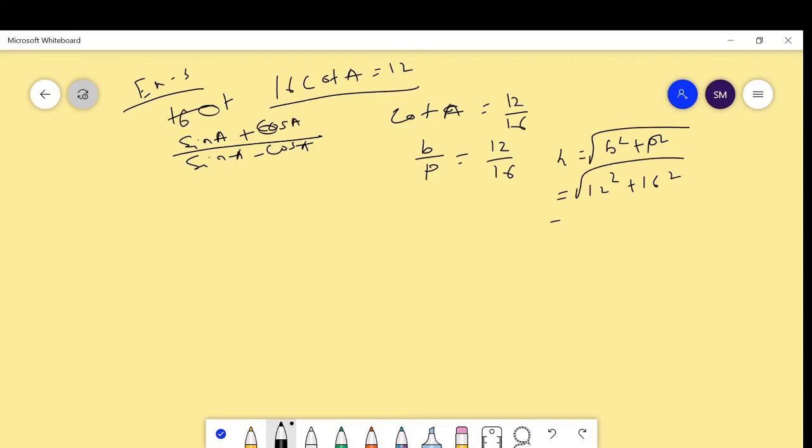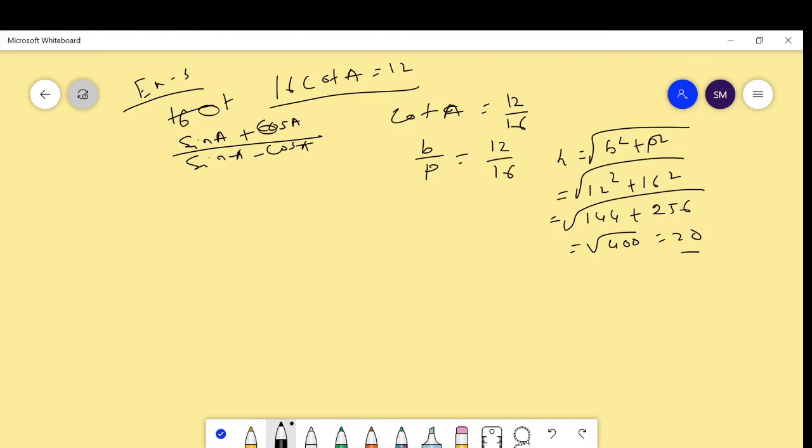This is square root of 144 plus 256, which is equal to square root of 400, which is equal to 20. Then by using Pythagoras triplets, we get H is equal to 20.